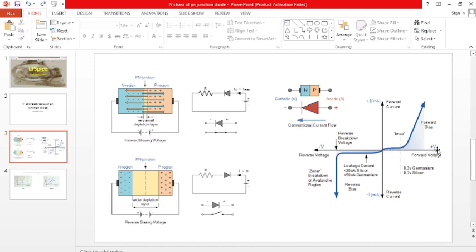Here the x-axis V is the voltage across the diode and I is the current passing through the diode. So in IV characteristics or VI characteristics, we are plotting V against I, where V and I are the voltage across and current through the diode.